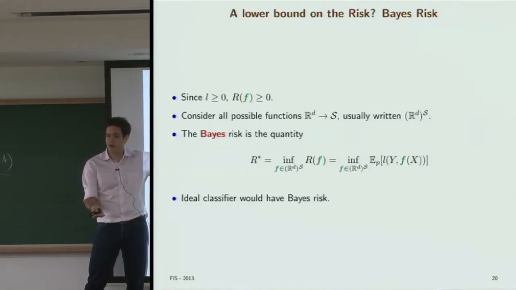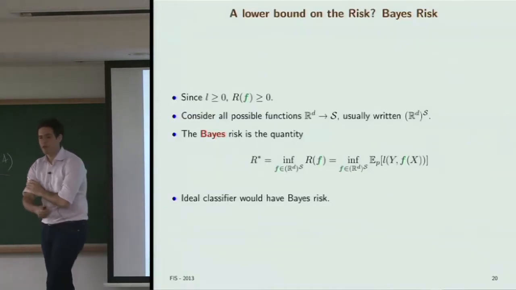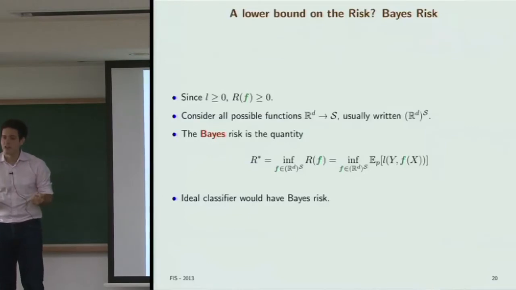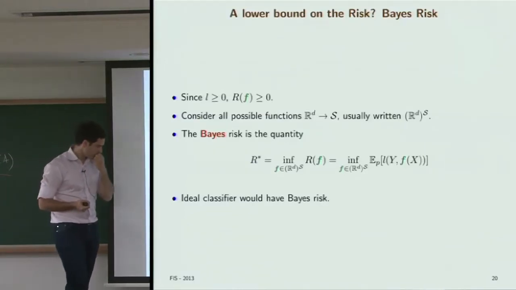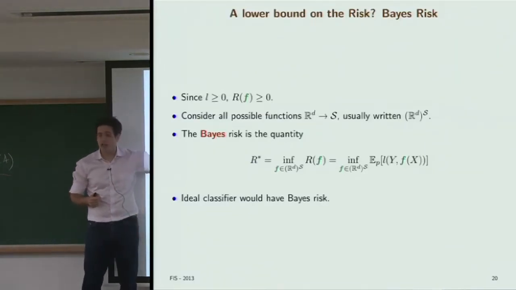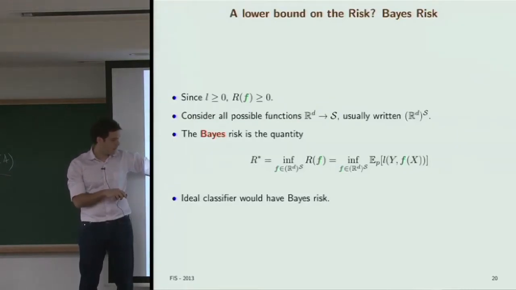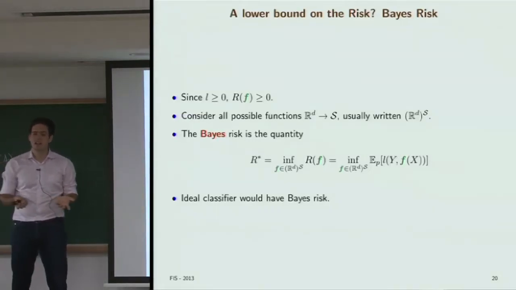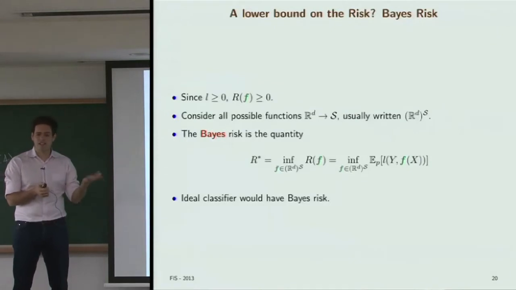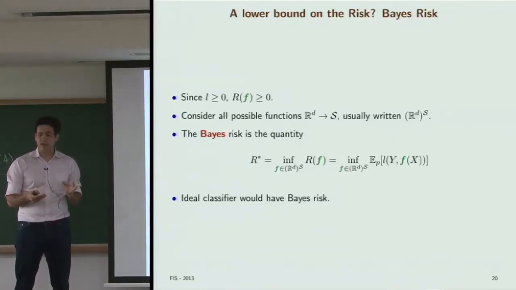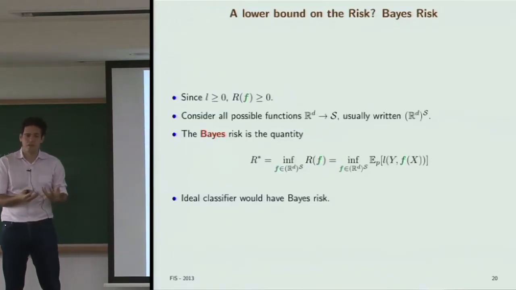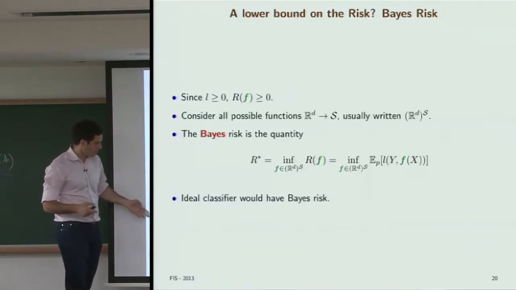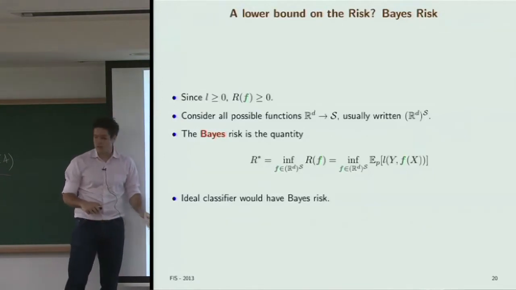So there must be a value which is the infimum, and that infimum is itself non-negative. So R star is the infimum over all functions of the risk of f. And this is really what we want, actually. Ideally, if you care about the task at hand, you want to find a function which has the lowest possible risk, and we call this the Bayes risk.